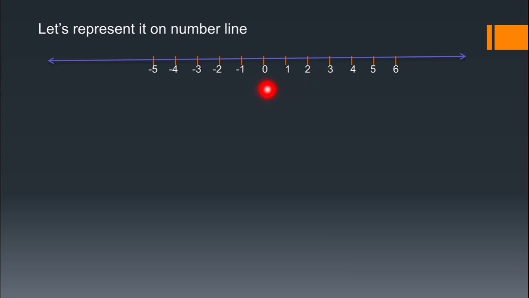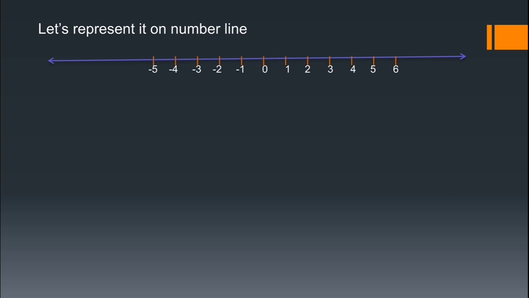You can see between 0 to 1 and 1 to 2 all these separations are equal. So we represent the positive integers, that is 1, 2, 3, 4, 5, 6 and so on up to infinity, on the right hand side of 0, and negative integers starting from -1, -2, -3, -4 and so on up to minus infinity on the left hand side of 0.